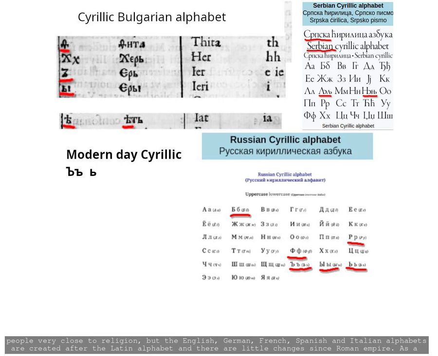But the English, German, French, Spanish, and Italian alphabets are created after the Latin alphabet, and there are little changes since the Roman Empire. As a result, those Roman-like alphabets are lacking the letters of the god. Even the Romans developed their alphabet for practical purposes and not for service in any religion.